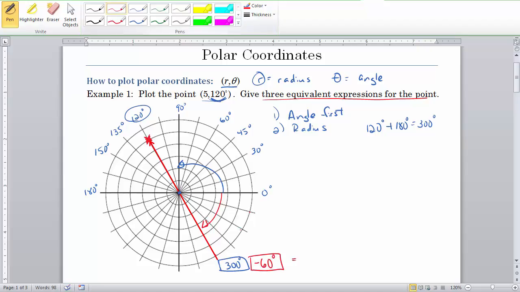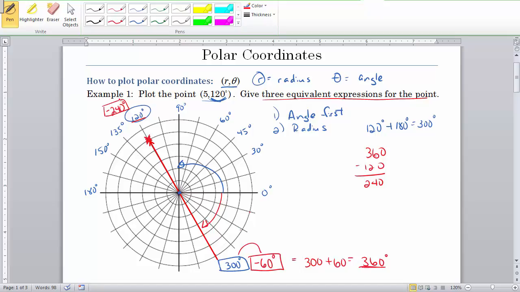Another way you know you're doing it correctly is that the absolute value of those two numbers, meaning make them both positive and add them together, should always add up to 360 degrees because that makes a whole circle. So my next question is, what is the negative value for 120? Well, you could use the 360 and subtract 120, and say that's 240, and it needs to be negative.